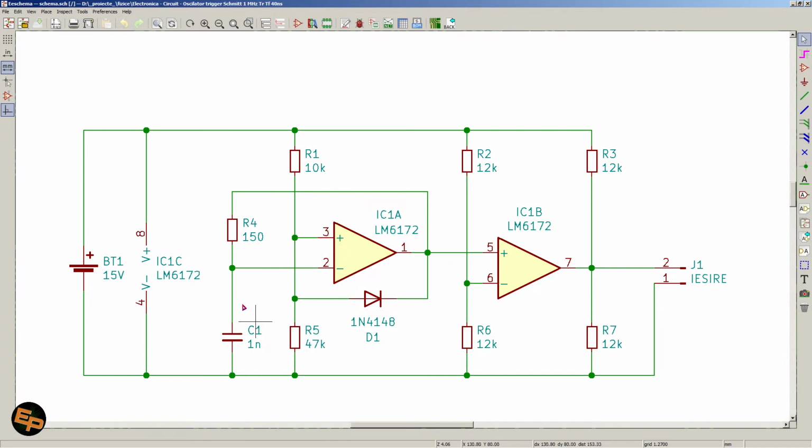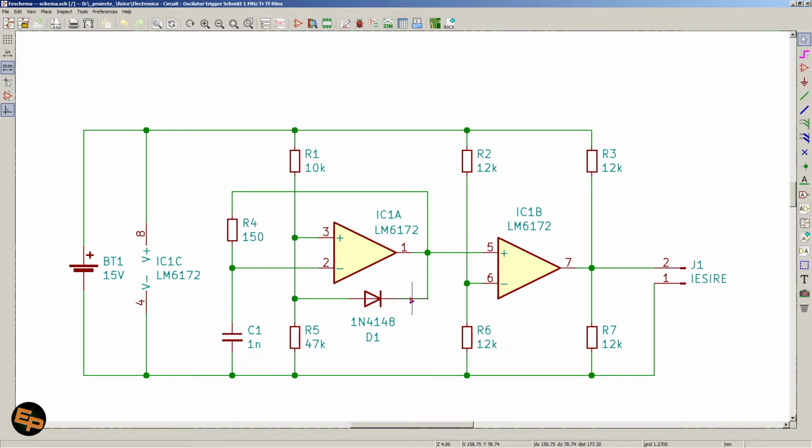When the voltage on the capacitor goes slightly above these 12.3 volts, the whole op-amp will flip, because the voltage on the negative input will be higher than the voltage on the positive input, so the output will be dragged down to the smallest voltage possible.